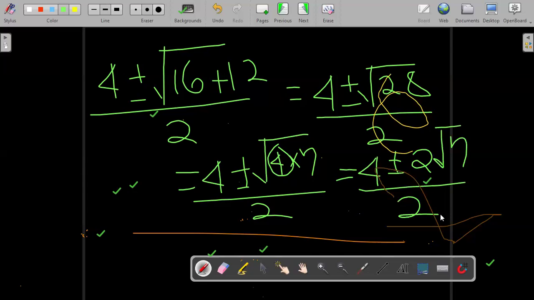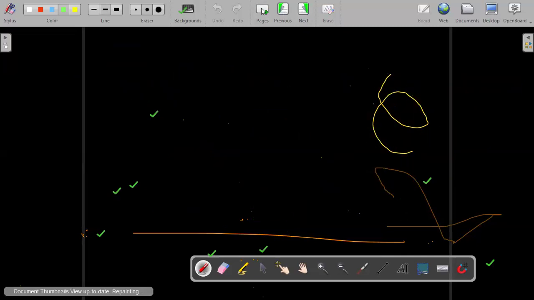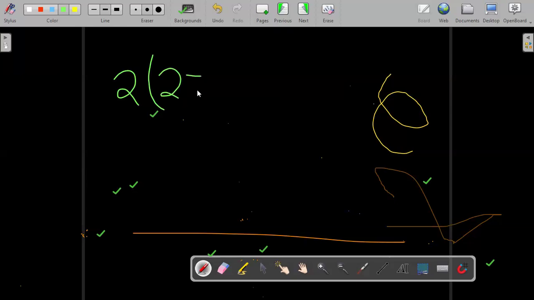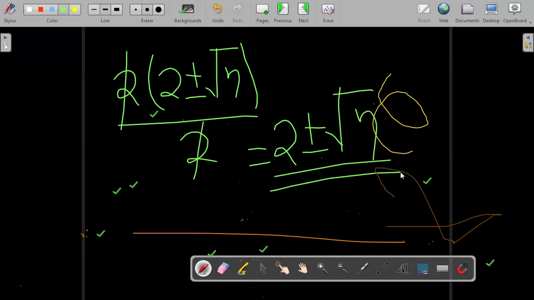So if you look at the numerator, 2 is common. I can factor out 2 from the numerator. That will give us 2 into 2 plus or minus root 7 over 2. So 2 cancels 2. We are left with 2 plus or minus root 7 as our value of x.